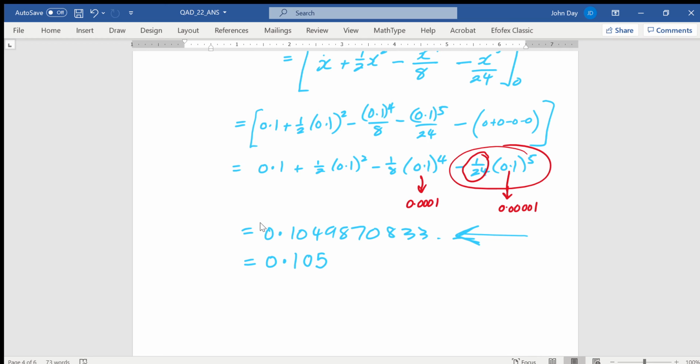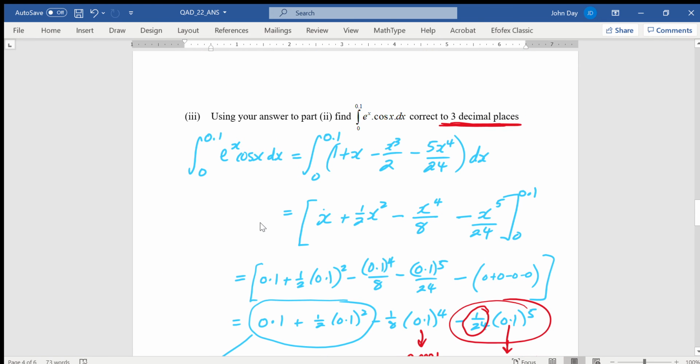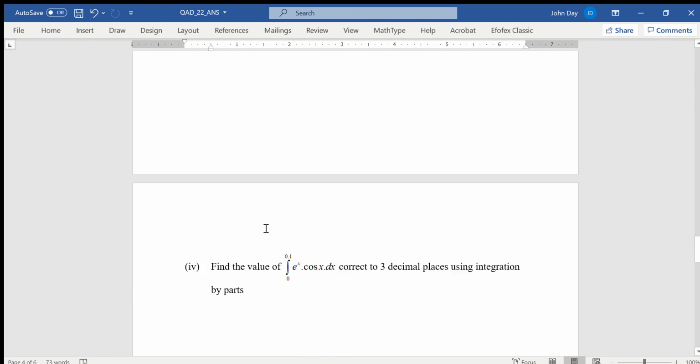Had I just considered the first couple of terms, I would have got 0.1 plus 0.5 times 0.1 squared. I would have got 0.105. Like I was saying, I really only need to consider those 2 because the other terms aren't really going to impact them. All right, whatever the case, my answer to that is 0.105.